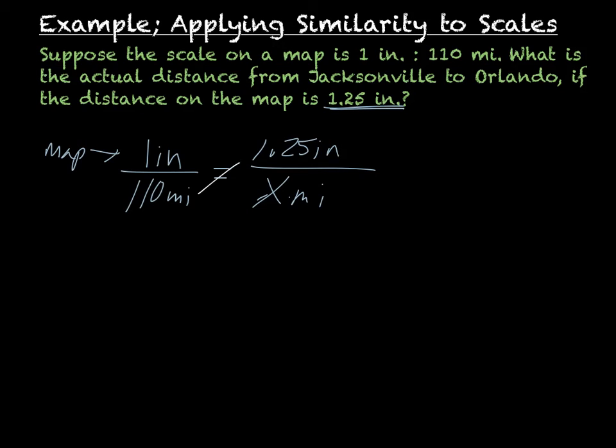Then I'm going to cross multiply and divide, so I have 1 times x, which I could just say is x, equals 1.25 times 110. Then I need to just type that into the calculator. So x equals 137.5. And what does that mean?